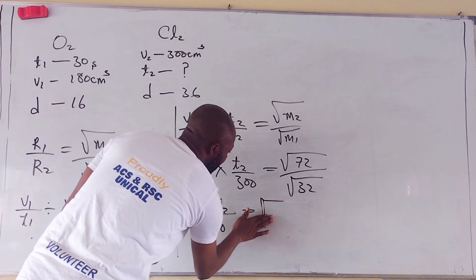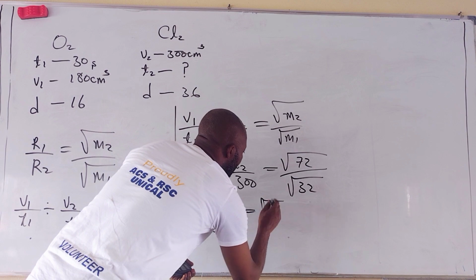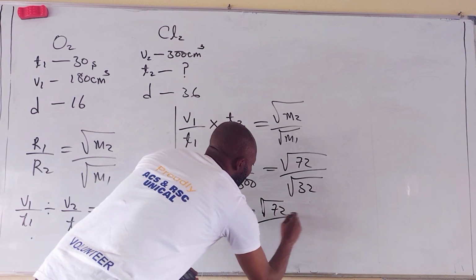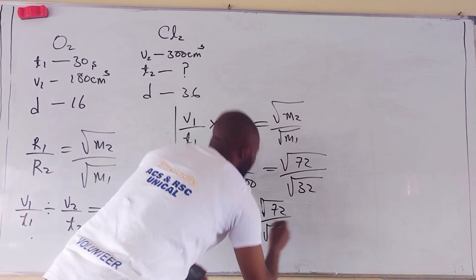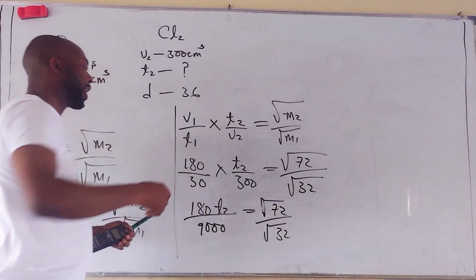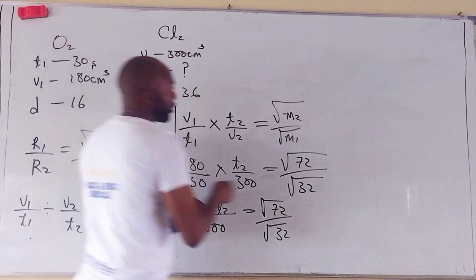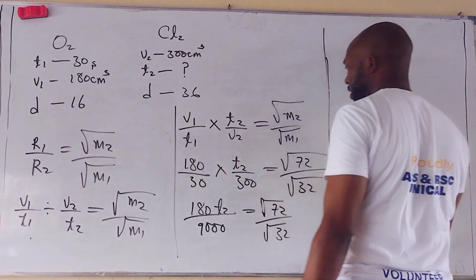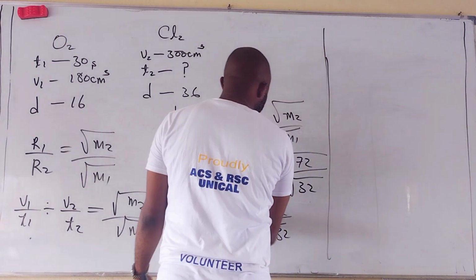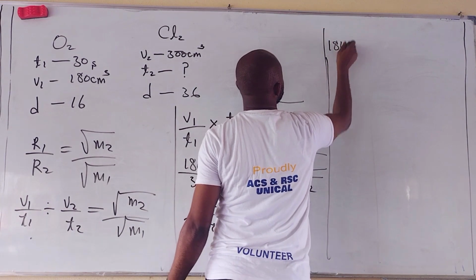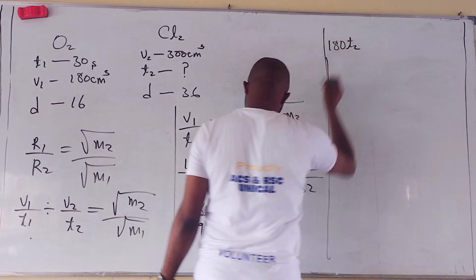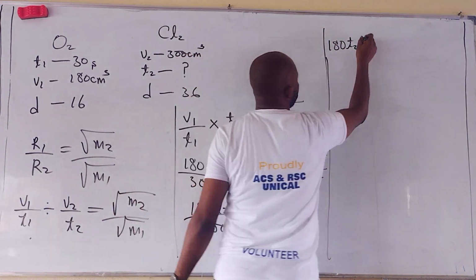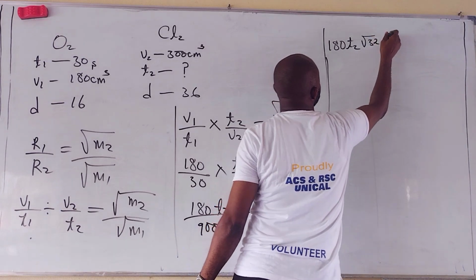So now I have the root of 72 over the root of 32. Now I have to cross multiply. T2 is what I'm looking for. So I have 180 T2 times root 32 is equal to 9,000 root 72.